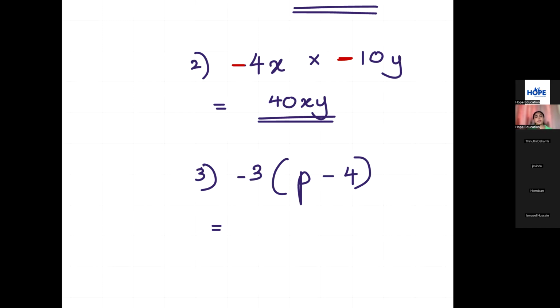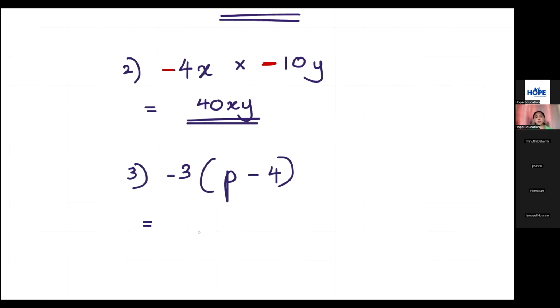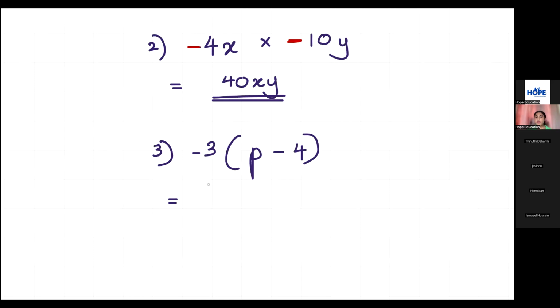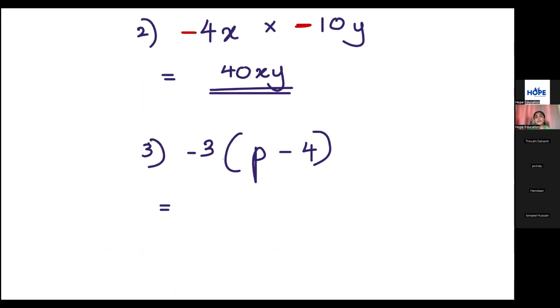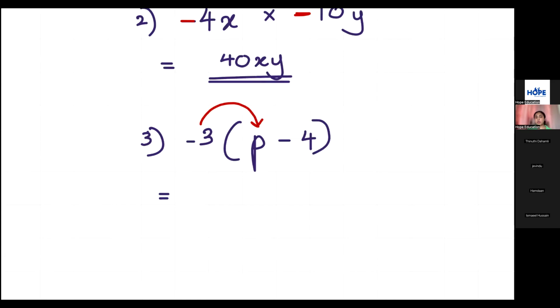Yes. Let's see. Minus 3 multiplied by p. So when you have a bracket and there's an expression in the bracket and there's a number at the front, how do we do it? First of all, I multiply minus 3 by p. So 3 times, here there is nothing, here there is 1. So 3 times 1 is 3. Then here there is p.